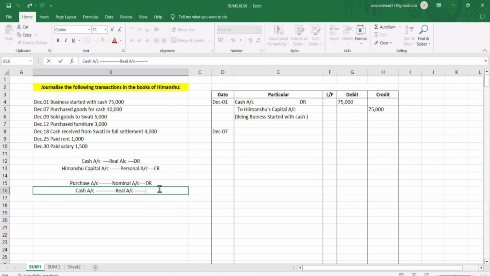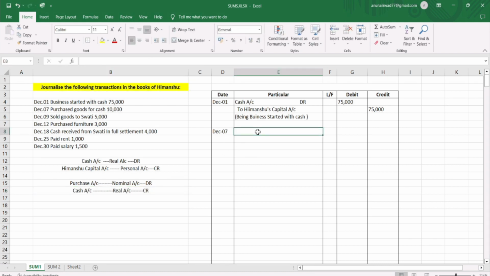Cash account is a real account, and when we are purchasing something, we pay the cash. Cash is going out of the business. So from real account point of view, debit what comes in, credit what goes out. Cash is going out, so this will be our credit entry. Here it will be purchase account debit to cash account, amount of rupees 10,000.